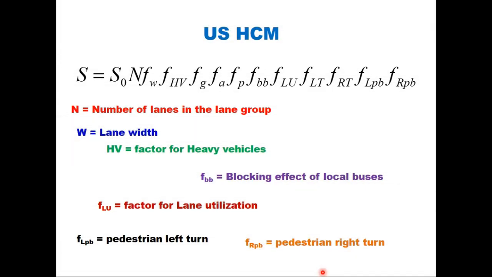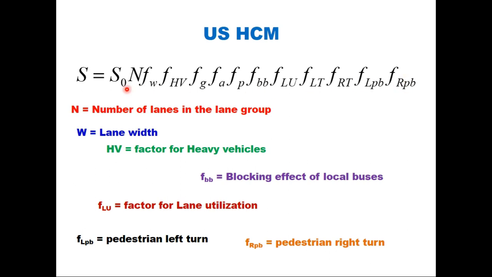US method of estimating capacity of a signal control intersection is very comprehensive, and it starts with a simple step to find out the rate of discharge under most ideal conditions, and that is called S0. S0 here is base saturation flow, and this base value is adjusted for a number of factors which are present at site.